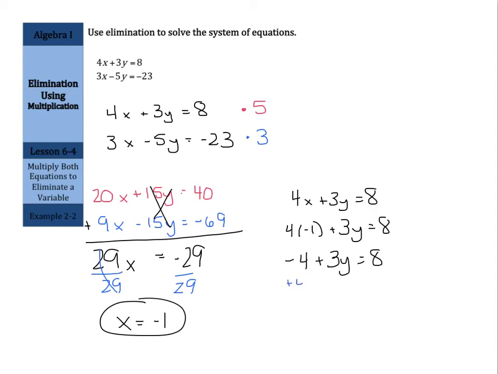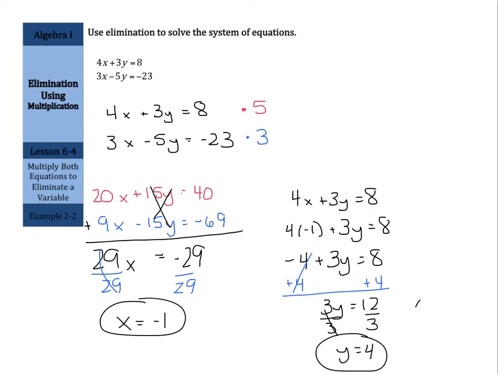You can add the 4 on both sides to start to isolate the y. -4 plus 4 cancels, and you're left with 3y equals 12. Divide by 3 on both sides, and y equals 4 again. And again, -1, 4 is our solution, written as an ordered pair.